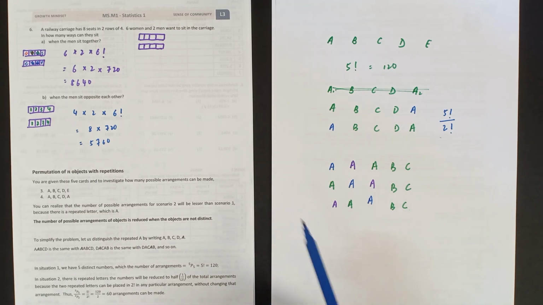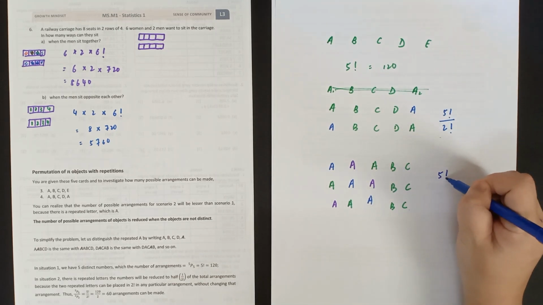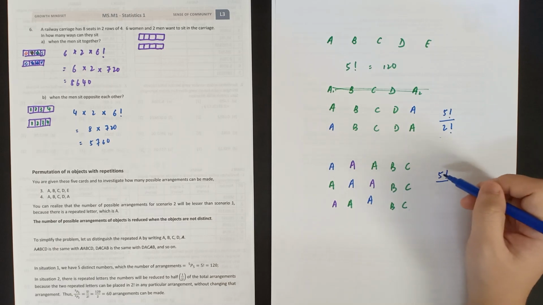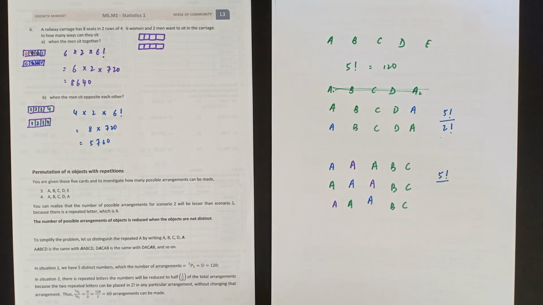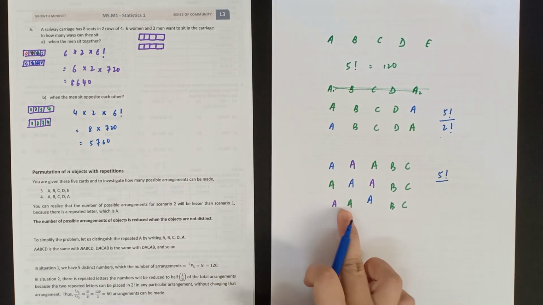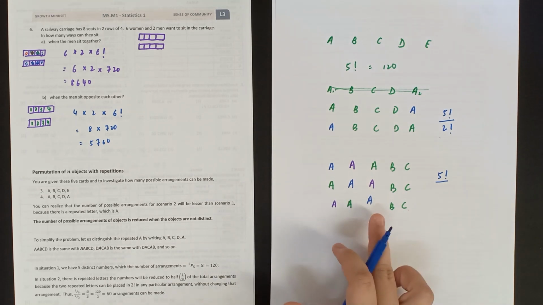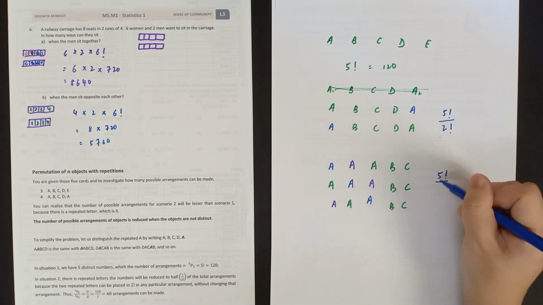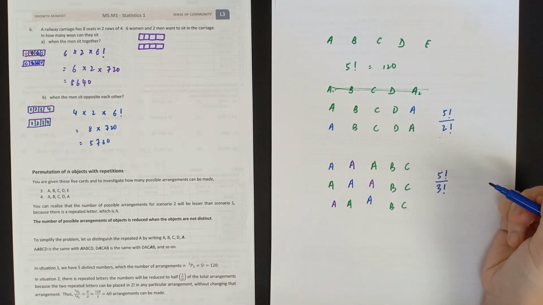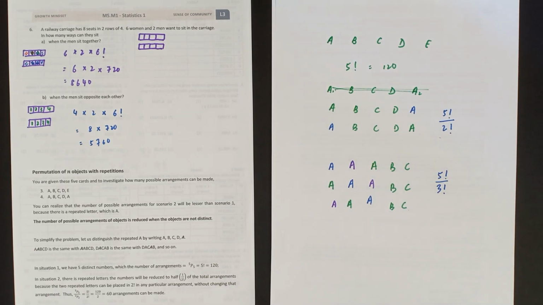Everything here is still A, B, C, so it doesn't make any difference. So how do I find how many possible arrangements I have? It's 5 factorial. Now how many factorials do I need to divide? I need to exclude the part where it is meaningless for A to interchange themselves. The number of arrangements for A interchanging themselves is 3 factorial.